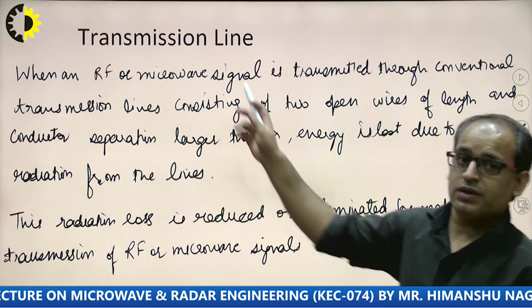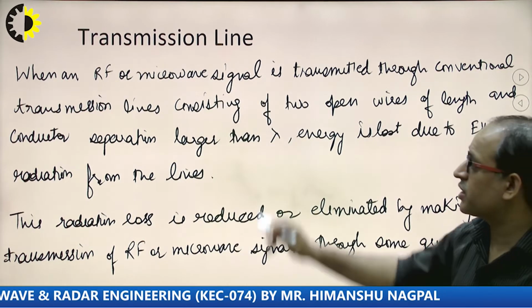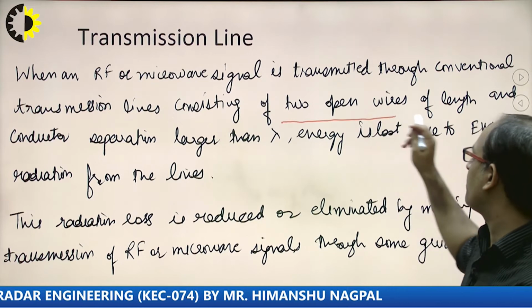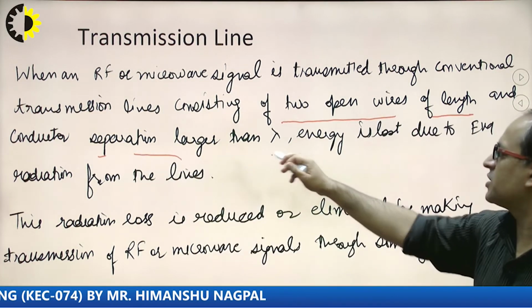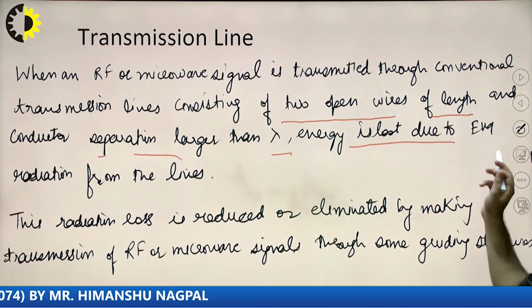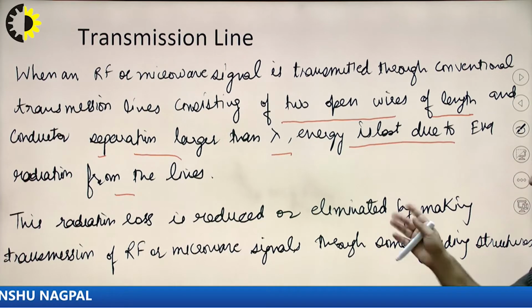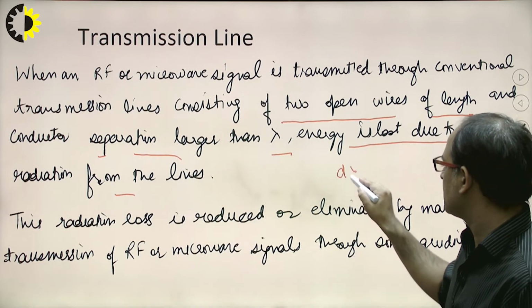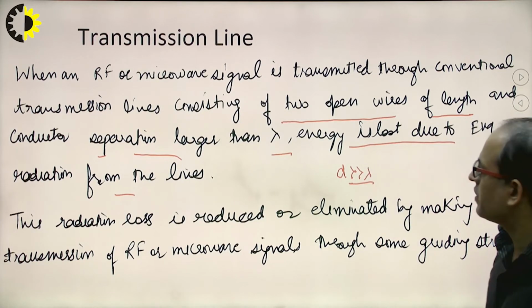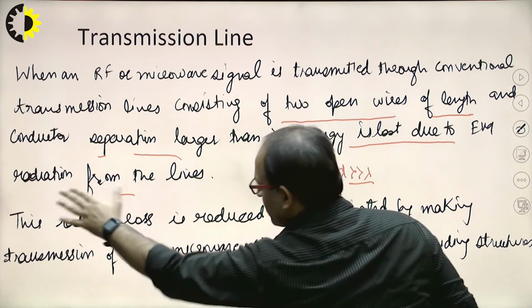Now for a transmission line, when an RF or microwave signal is transmitted through a conventional transmission line consisting of two open wires of length and conductor separation larger than lambda, the energy is lost due to EM radiation from the lines. I have already told you in the last slide that if the spacing between these is very much greater than the wavelength, the energy is lost to EM radiation from the lines.